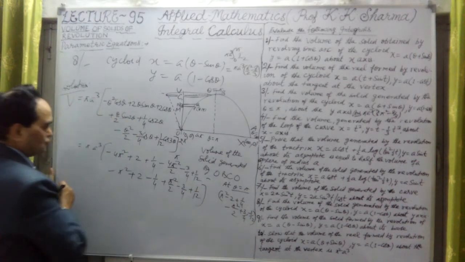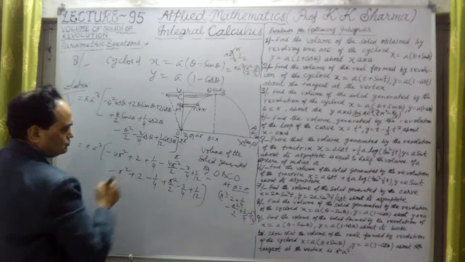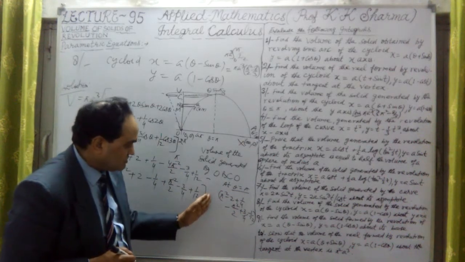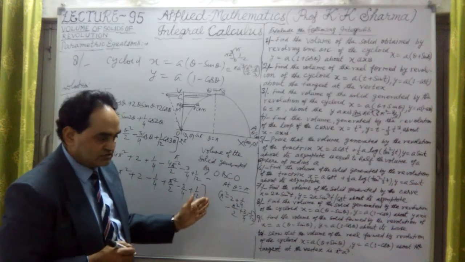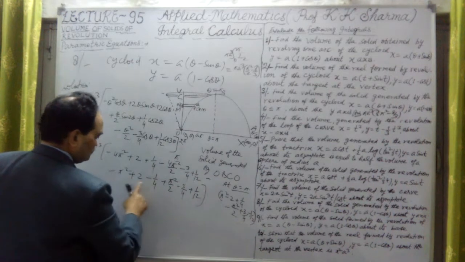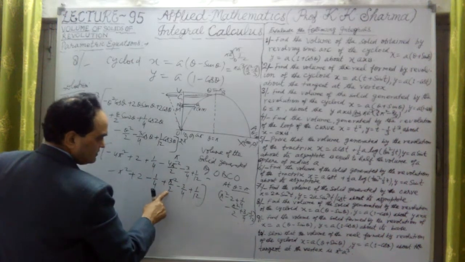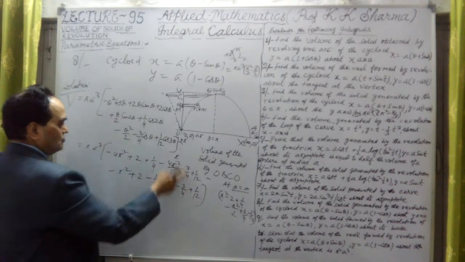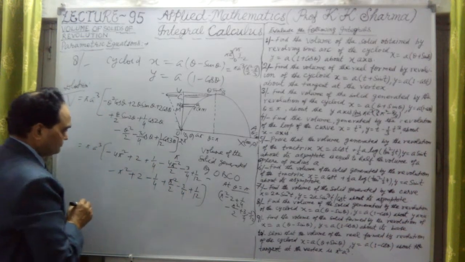This is the total value of limit π to 2π. So this was at θ equal to π. If I put lower limit, then minus sign is applied. Before that, minus we have multiplied only. This minus π² plus 2 minus 1/4 plus π²/2 minus 3/4 plus 1/12. Okay. Now all these values are to be added up.